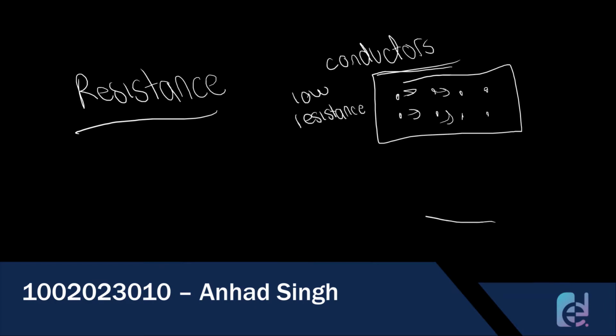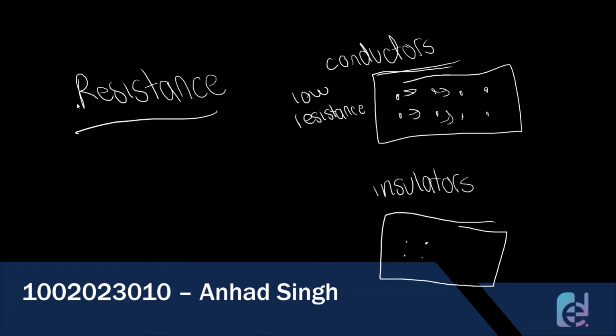And insulators, we talked about how the nuclei hold on to the electrons better, and so it's going to be harder for the electrons to move around. It's going to be harder for electricity to flow through, and so these are going to have a high resistance because they don't want electricity to flow through them. And so that's basically the whole idea of resistance.